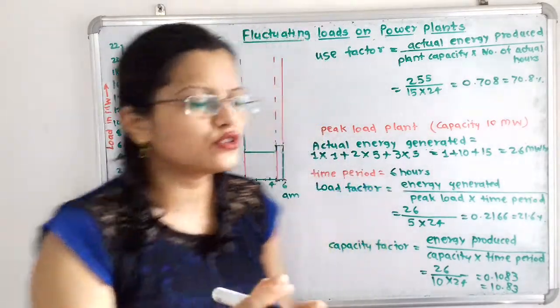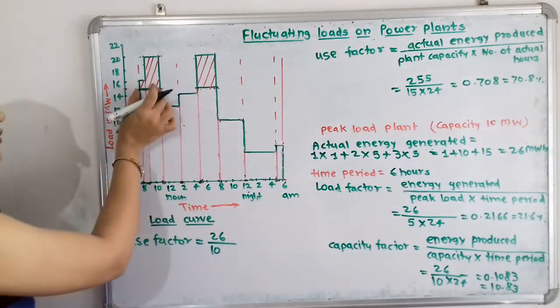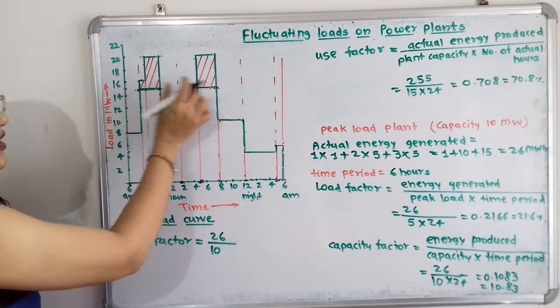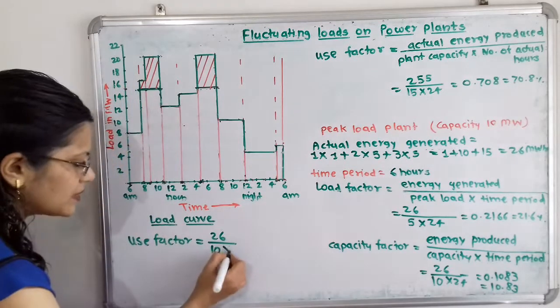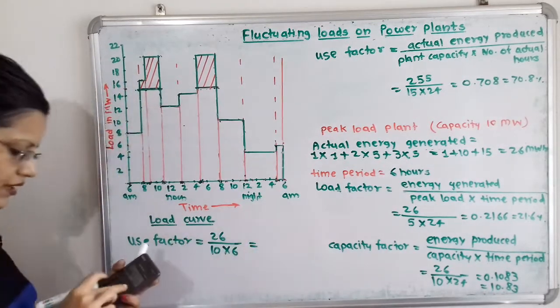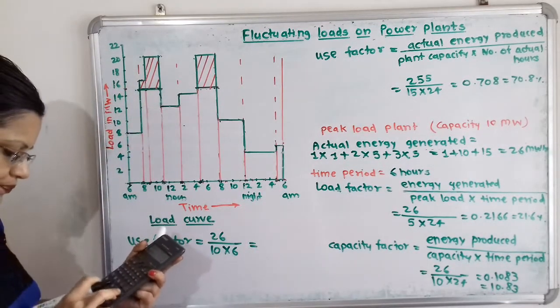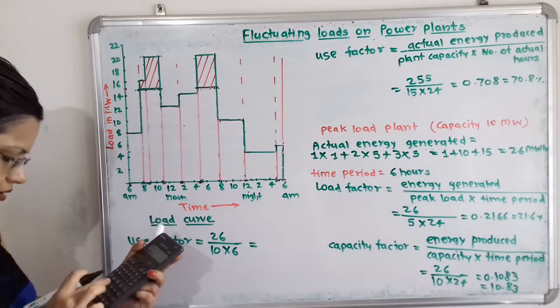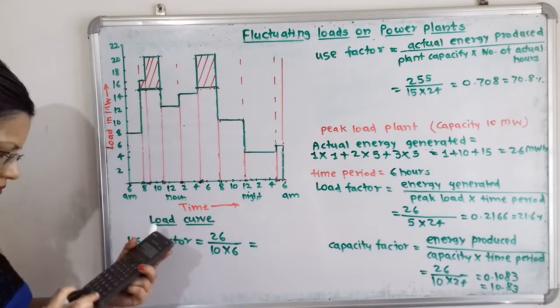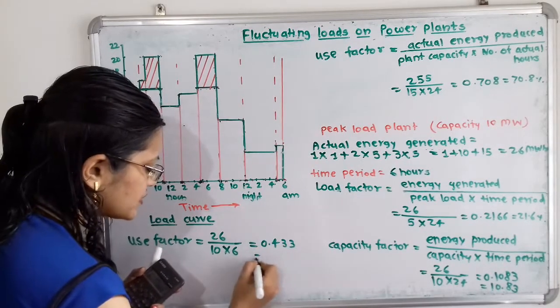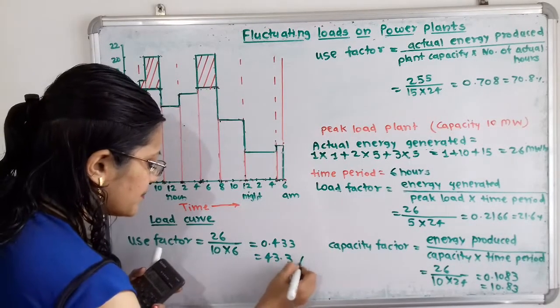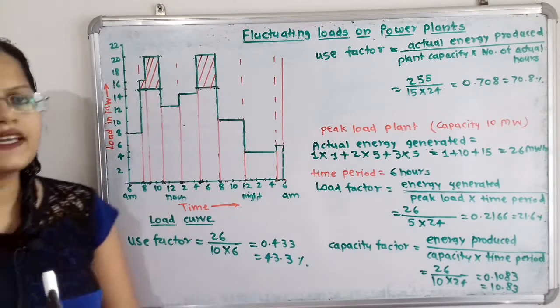From this load curve we have to take the number of actual hours, which is 6 hours, multiplied by 6. So 26 divided by 60 is 0.433, which is equal to 43.3%. So these are the answers.